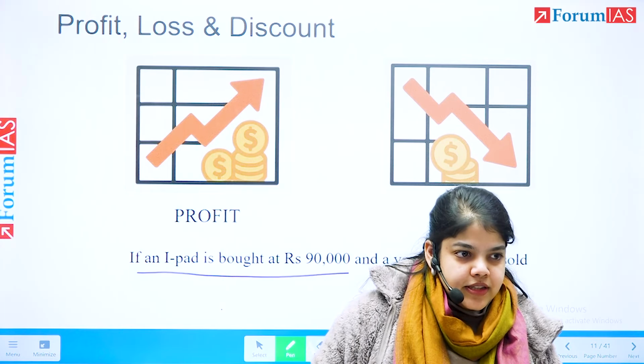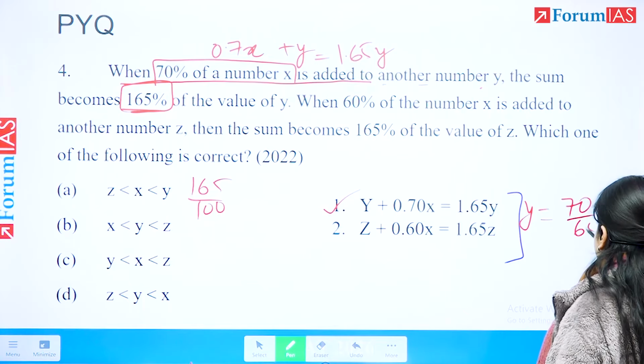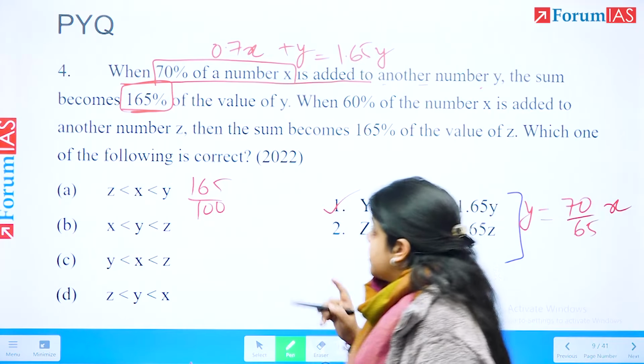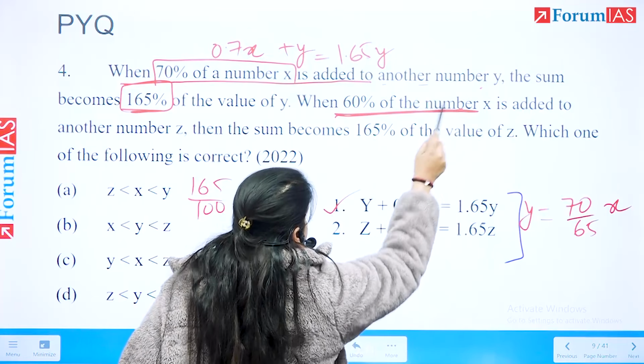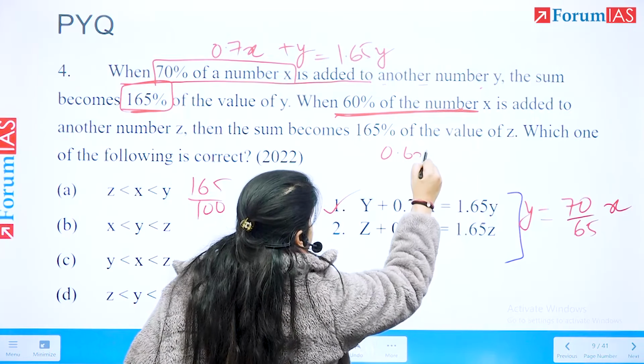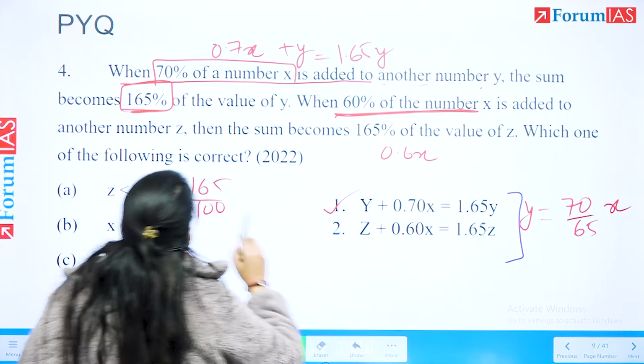Solve it to get y is equal to 70 by 65 x. Similarly, the second equation says 0.6x, 60% of the number x, is added to another number z, plus z gives 165% of the value of z, which is 1.65z.